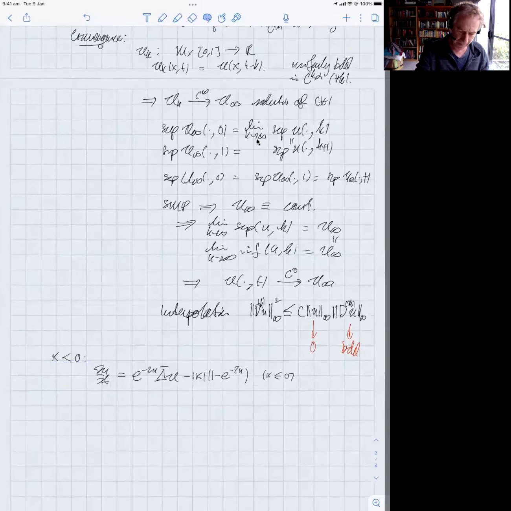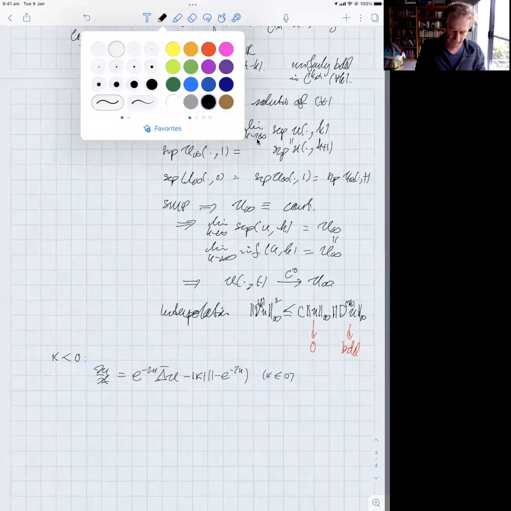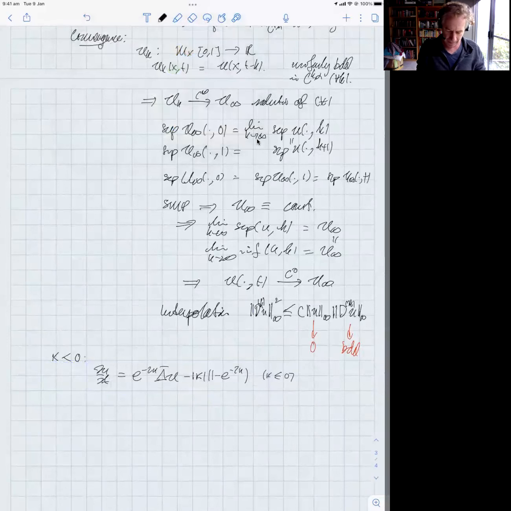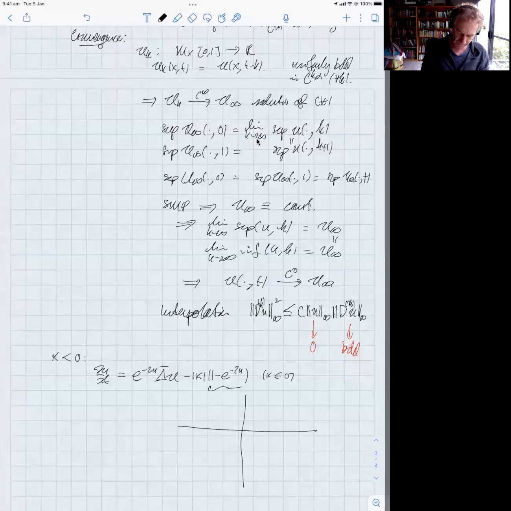So this is actually even better, right? Because this function on the right, well, this function here looks like this. So it will be positive where u is positive and negative where u is negative.